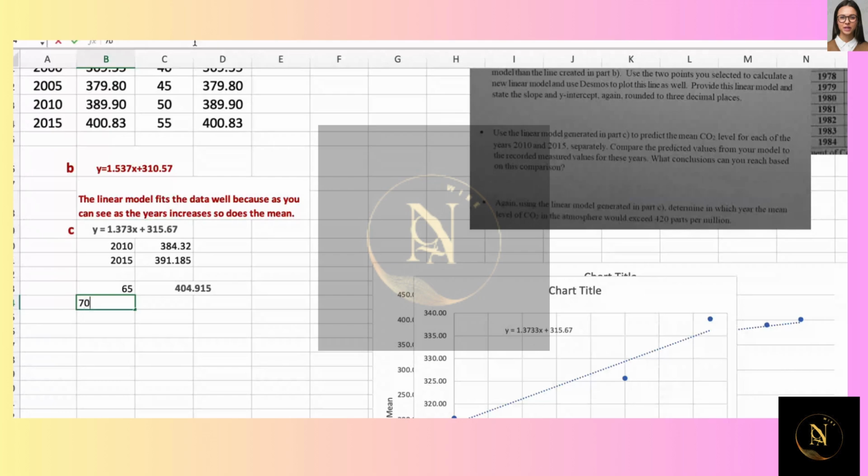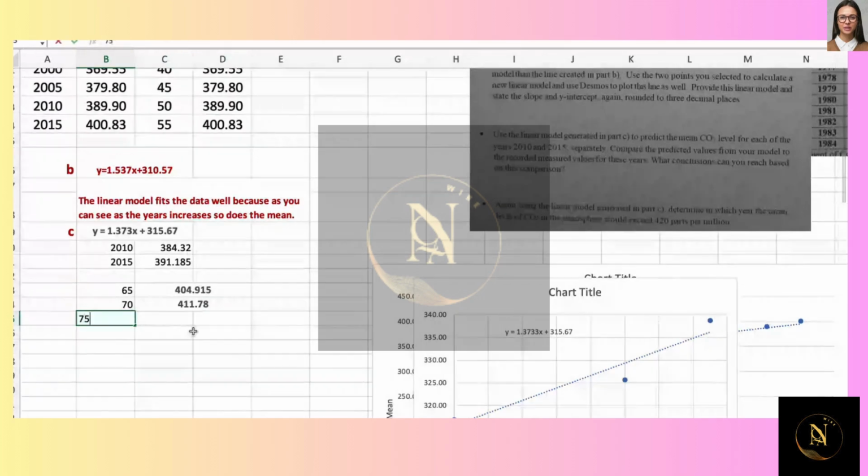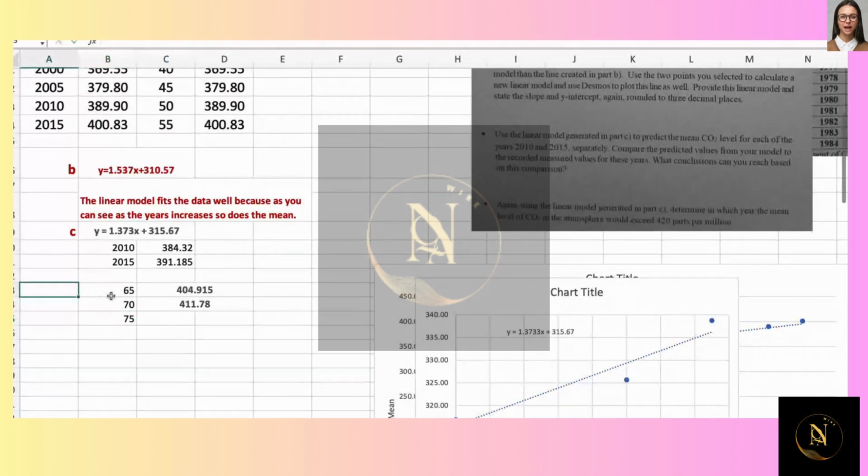Let's try 70. That's 70. Let's try 75. So we're working on D right now. So 75.